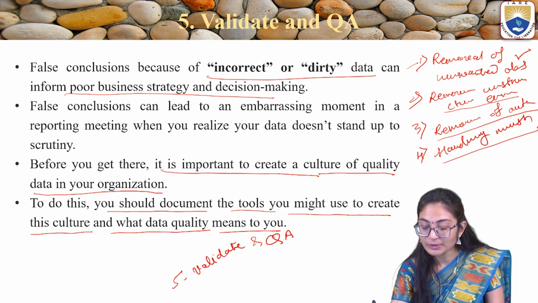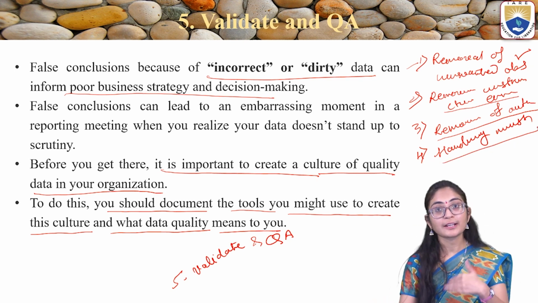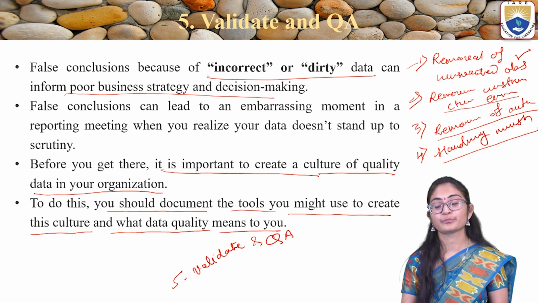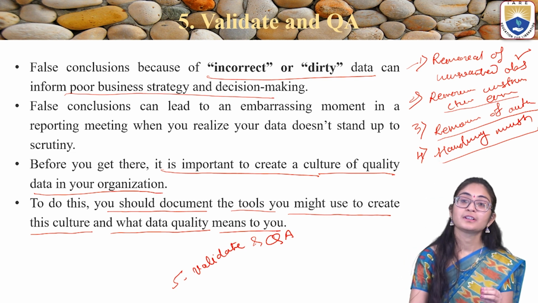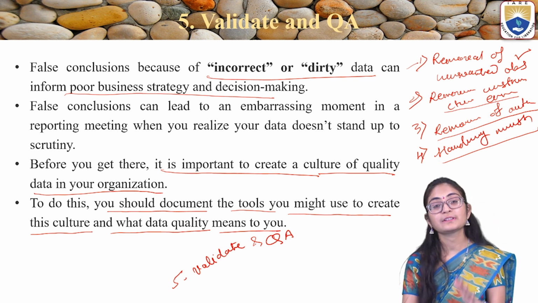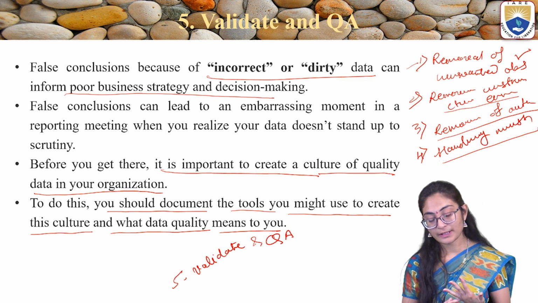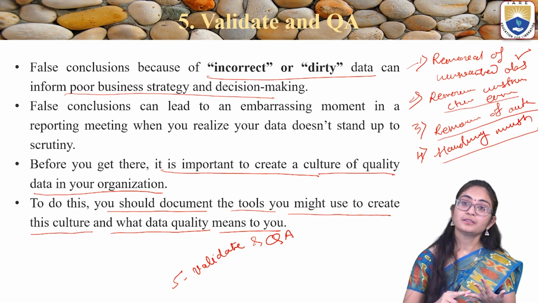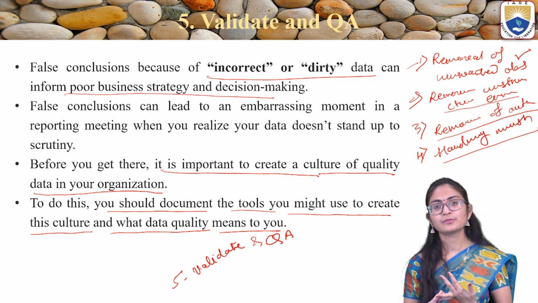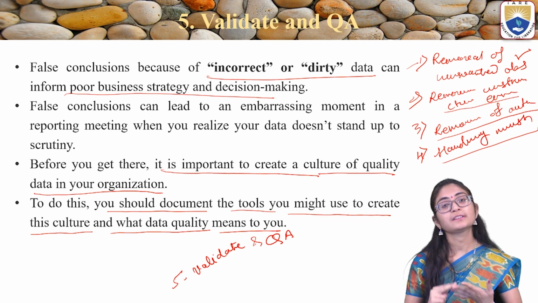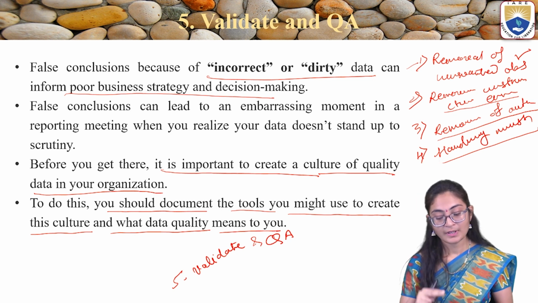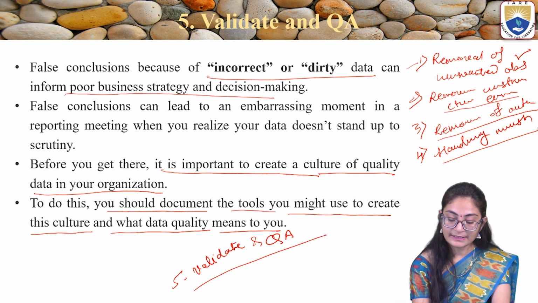Then handling missing values. Before handling missing values, you have to follow some steps. If you want to drop the missing values, you can. You can keep the missing values. You can even alter the data. And the last one is validate and QA.